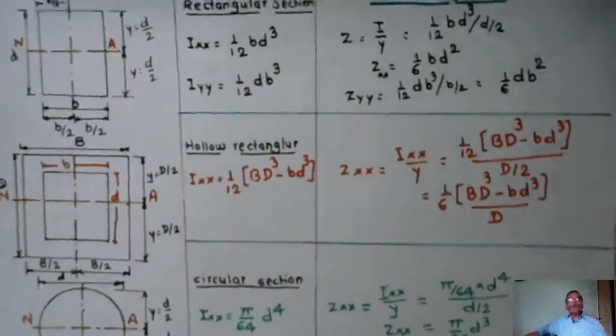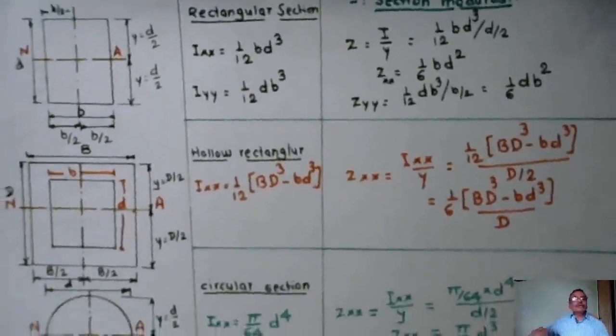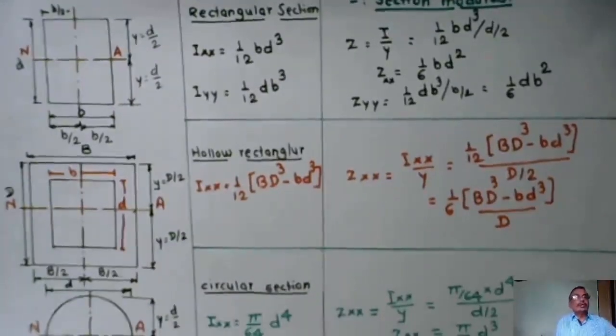Now let's see how to calculate the section modulus for the different sections. First we will consider the rectangular section, in which B is the width and D is the depth, or you may say height, of that section. In a rectangular section the moment of inertia is 1 by 12 BD cube about the x axis, and about the y axis it becomes 1 by 12 DB cube.